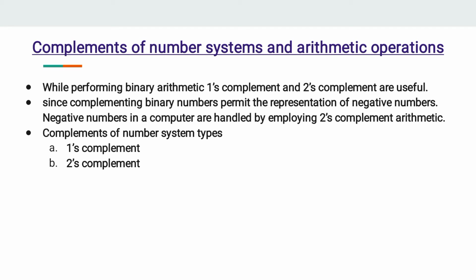That means the computer will not calculate the decimal arithmetic or subtraction; it will convert the decimal number to the binary one, right? So when a negative number is there in the addition or subtraction, it needs the two's complement operation to convert the negative decimal number to a binary number. So in this we are going to study the ones complement and twos complement.